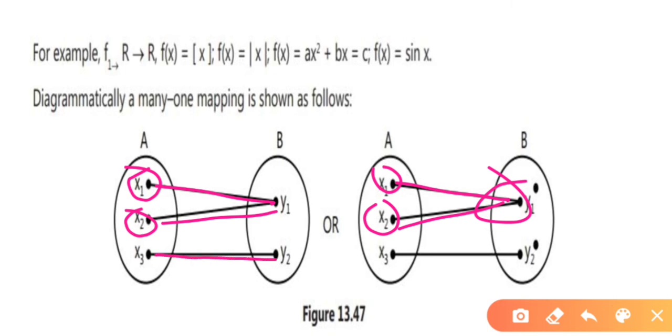Here x3 is connected to y2, doesn't matter, but we have two elements which are connected to a single element.